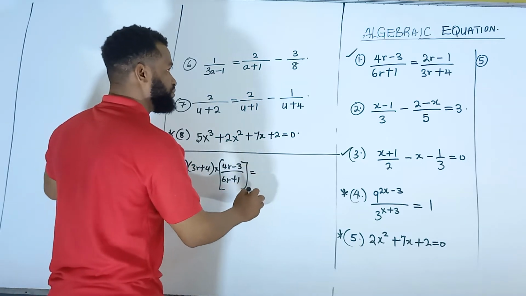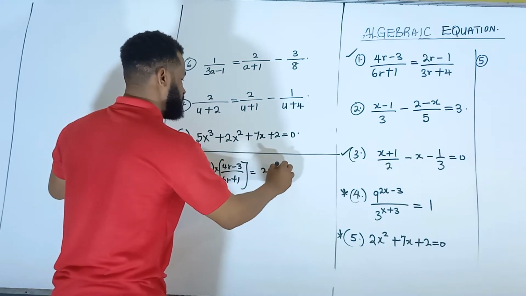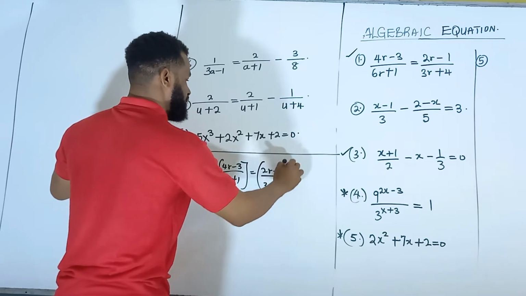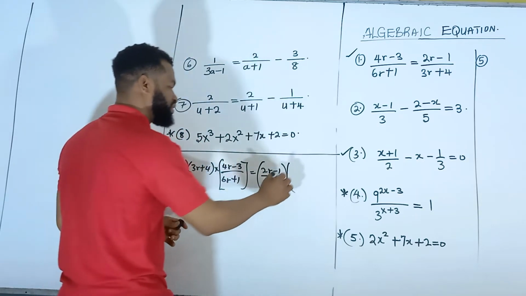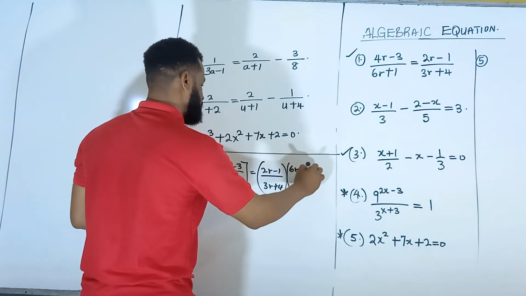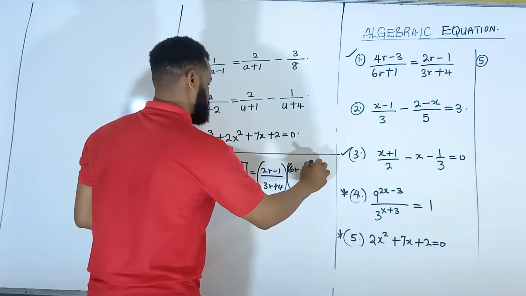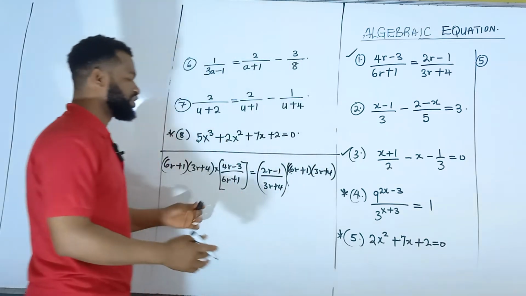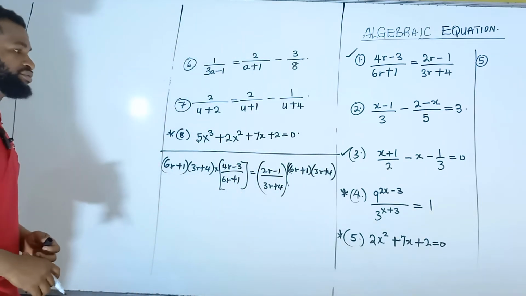And this is equal to 2r minus 1 all over 3r plus 4, then multiplied by the LCM, which is 6r plus 1, then 3r plus 4. So this is what it should be.